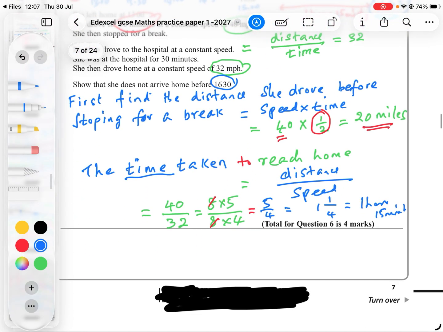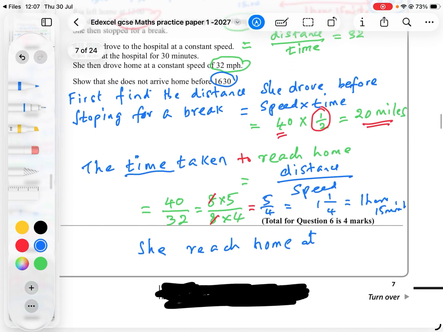You can see she reached home at 4:45 p.m., not 4:30.